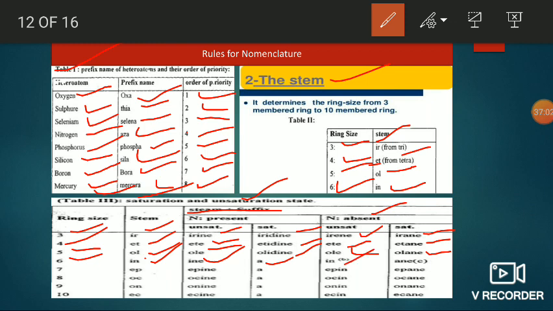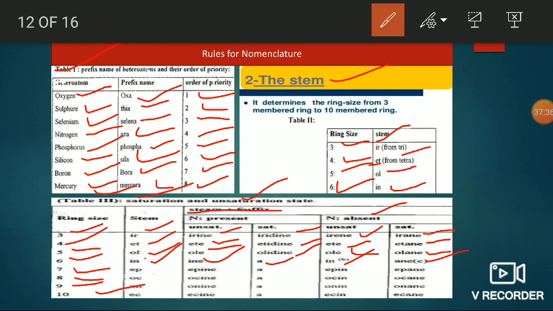If it is saturated, it is "ane". Okay, we should follow these rules in the case of 7, 8, 9, 10 membered heterocycles, whether they contain a nitrogen atom or whether they don't have nitrogen atoms, based on the saturation and unsaturation in the ring. Okay, this is all about the rules we should follow in order to name a particular heterocyclic compound.